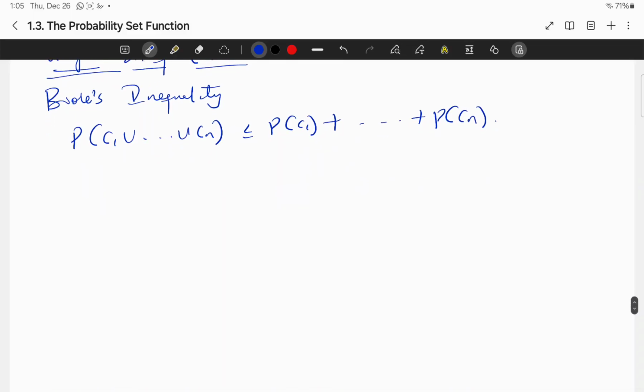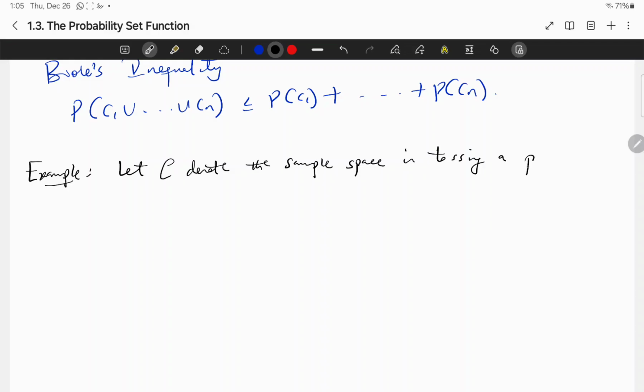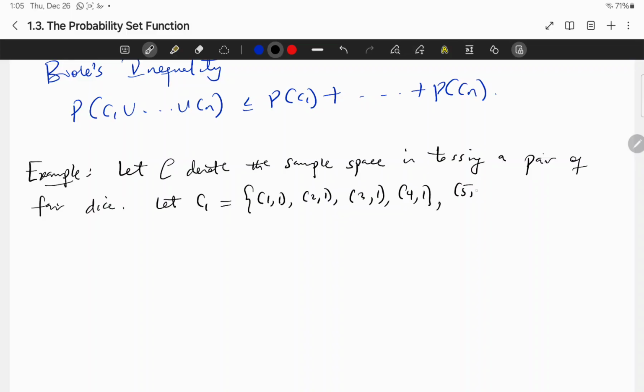So let's check some examples. We have, let C denote the sample space for tossing a pair of fair dice, and let C1 equal (1,1), (2,1), (3,1), (4,1), and then (5,1).